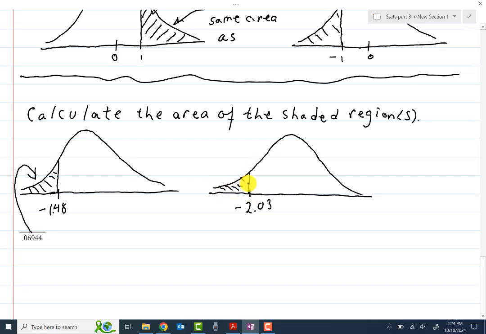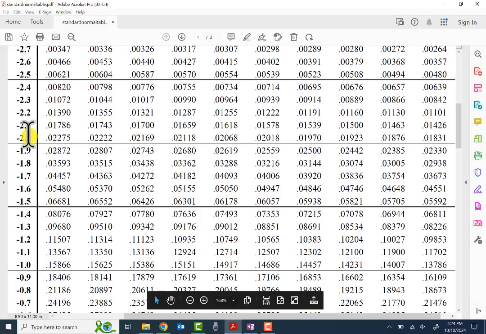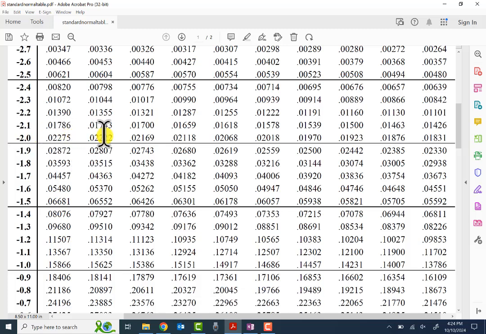Let's try -2.03. So here we are, -2.0, 0, 1, 2, 3. So that number there, 0.02188. Let me copy it.